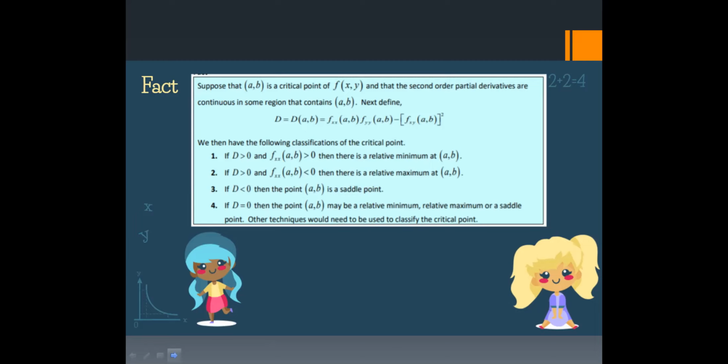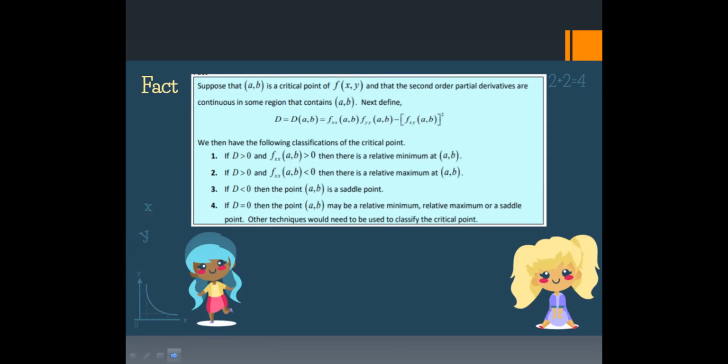So we then have the following classifications of the critical point. If D is greater than 0 and the second order partial derivative of f with respect to x is greater than 0, then there is a relative minimum at the critical point (a, b).